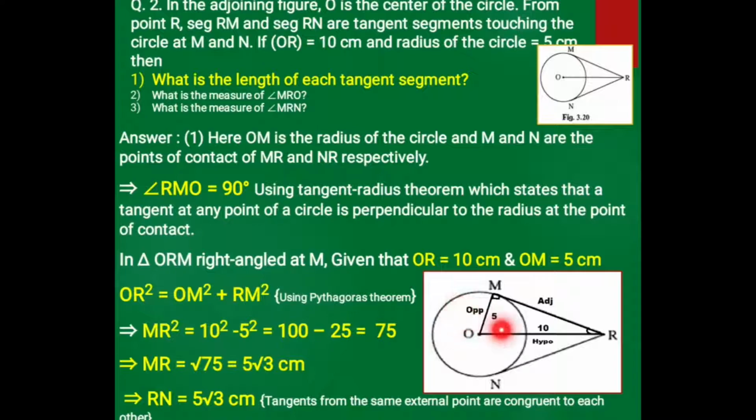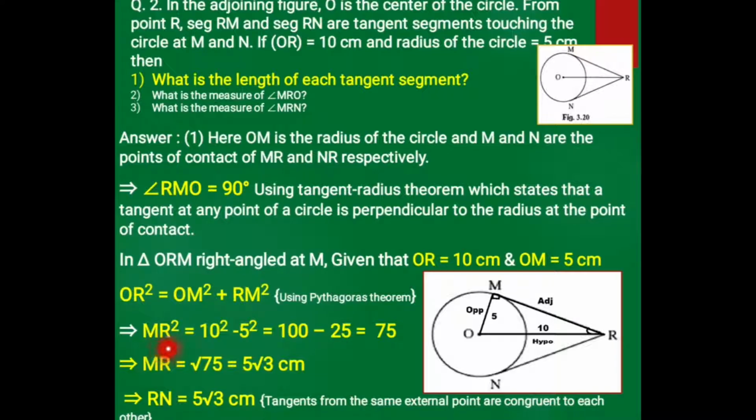OM is 5 here and OR is 10. So we write MR square, and transfer OM square to the left hand side. OR is 10, OM is 5, so we write 10 square minus 5 square. 10 square is 100, 5 square is 25. Subtracting these two we get 75.